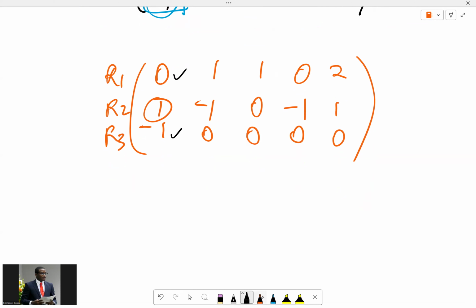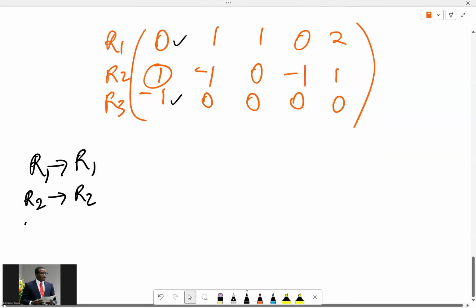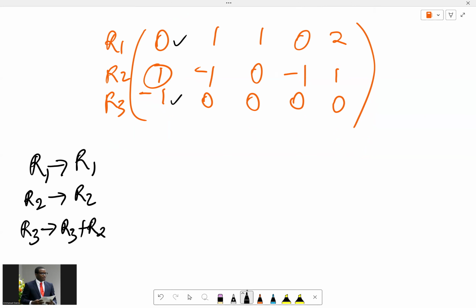So we can go and say that the new row one remains the same as the old row one. The new row two remains the same as the old row two, but row three is going to be different. So the new row three is going to be the old row three plus the old row two.